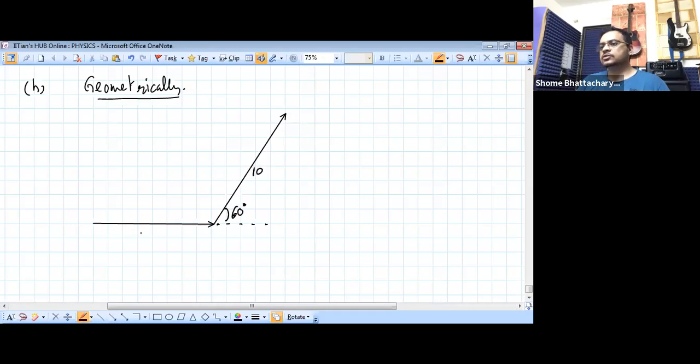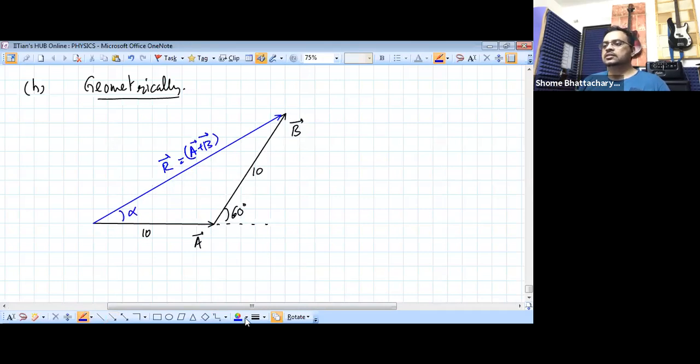This is also 10, this is also 10, because both the vectors are having the same magnitude. Okay. And now this vector here is the resultant, which is A plus B. Now, and this angle is alpha.